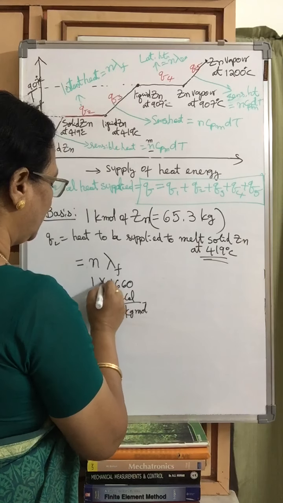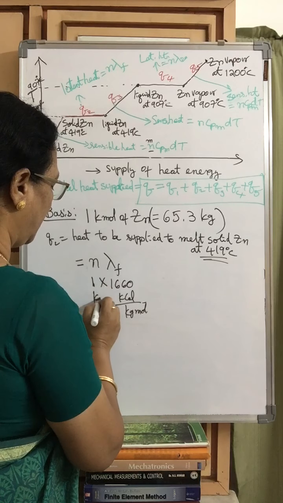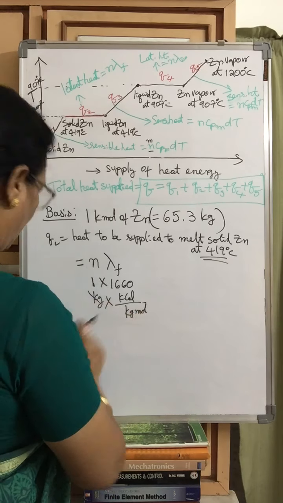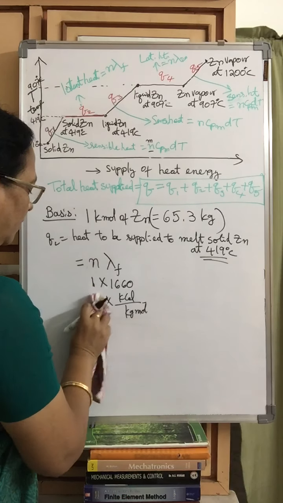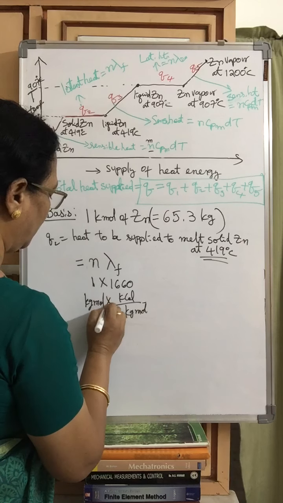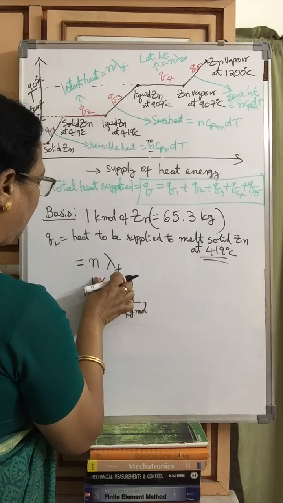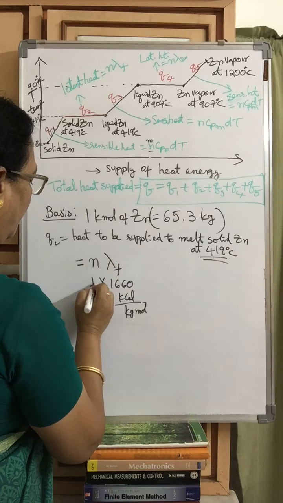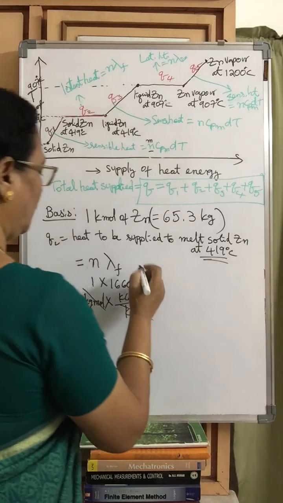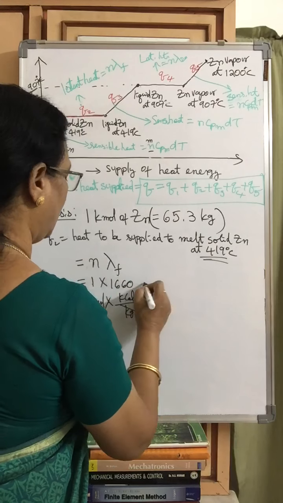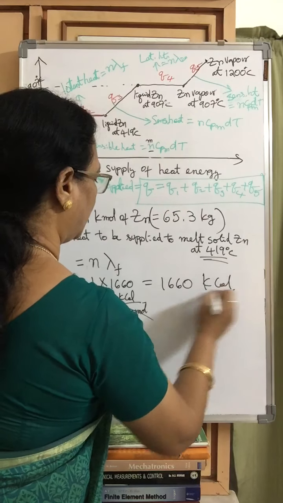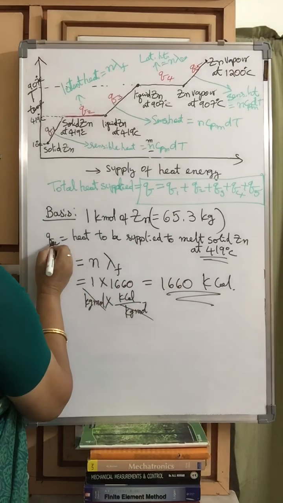So 1 kg mole into 1660 kilocalories per kg mole is equal to 1660 kilocalories. That is Q2.